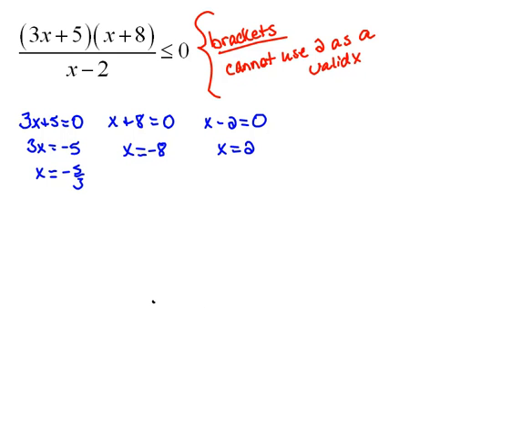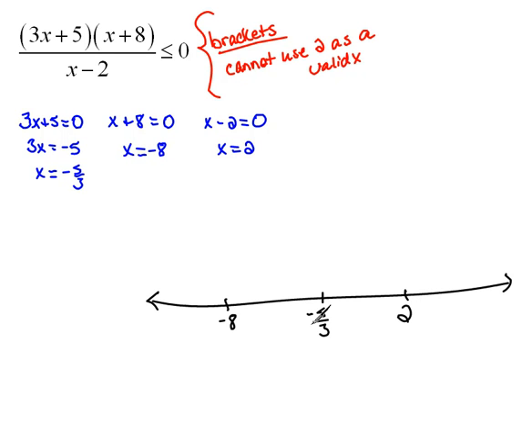When we set up our number line, we're going to be using those numbers to help us segment up or separate out the number line. So let's put the negative 8 over here, and negative 5/3 would be somewhere around here, and then we'll put our 2 here. Now I realize those are not spaced correctly, but it doesn't really matter.